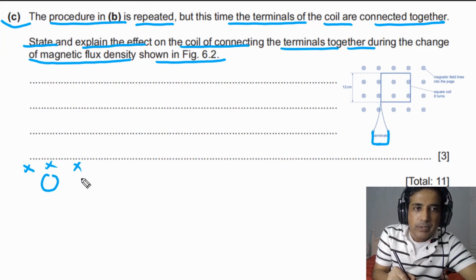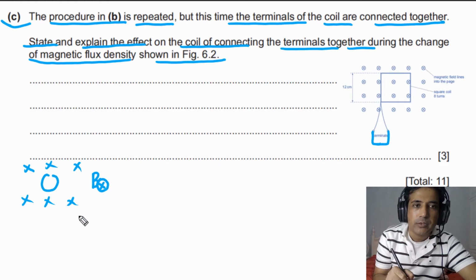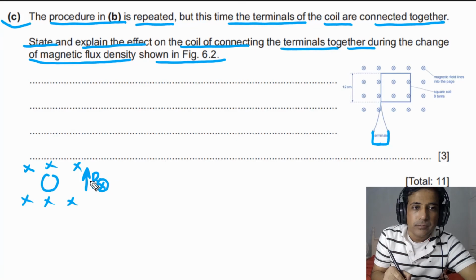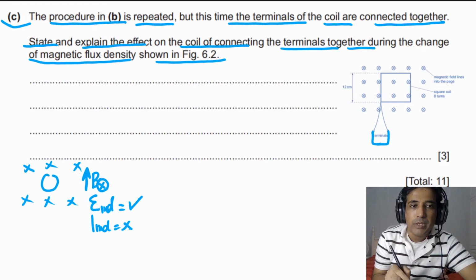If we place this inside a changing magnetic field, and the external magnetic field is into the page and increasing with time, in this case, only EMF will be induced. But induced current will be equal to 0. Means no current will flow in this ring if the ring is not a complete circle.